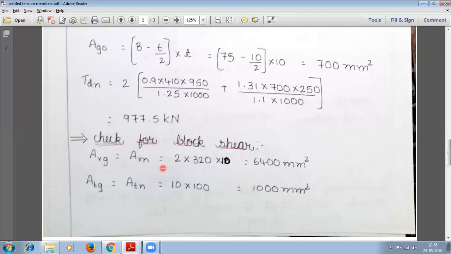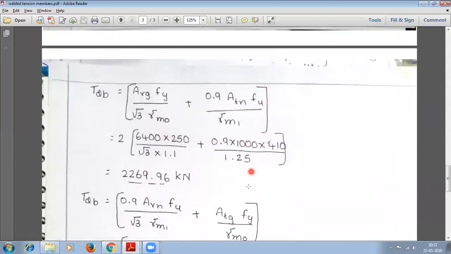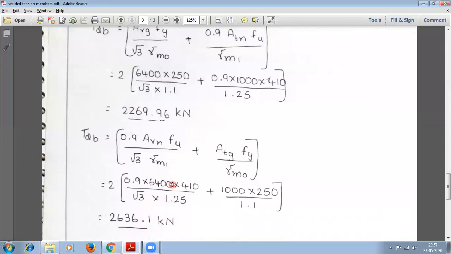So how do you find it out? It is 320 into 10. How many sides are we welding? Two sides, right? Because we are taking 320 on either side, 320 into 10, you will get this. ATG is nothing but 10 into 100, complete 100 into 10. So you will get this one. Next, substitute everything and multiply by 2 for the equation.